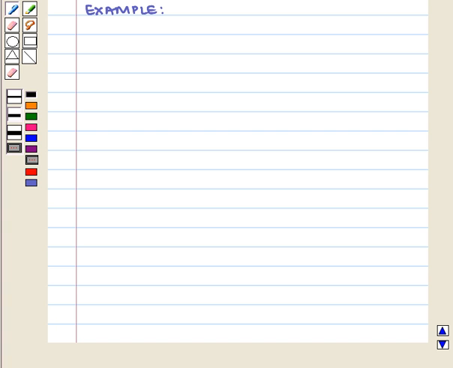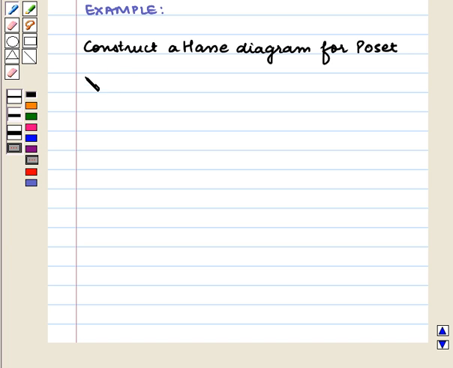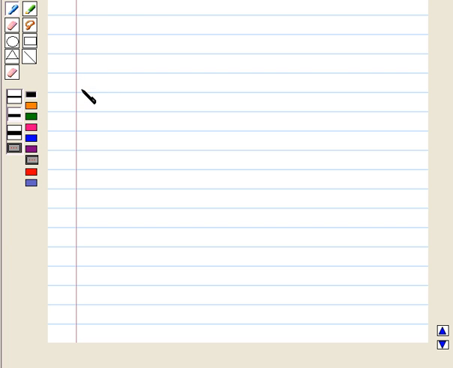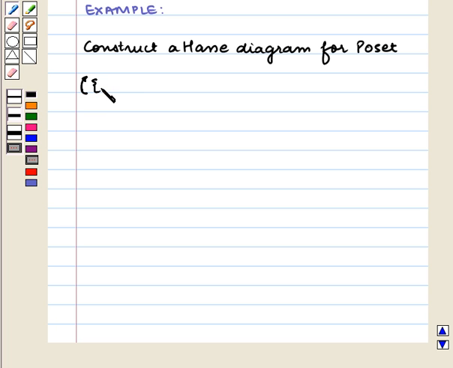For example, we want to construct a Hasse diagram for the poset {1, 2, 3} with the binary relation less than or equal to.